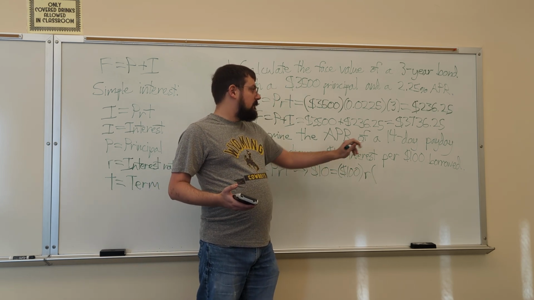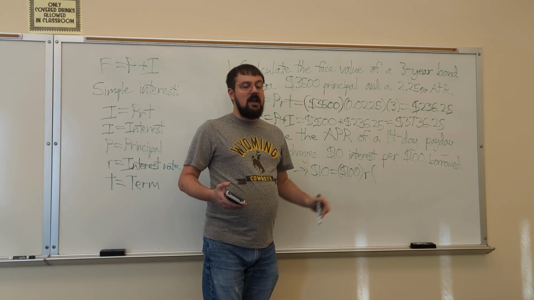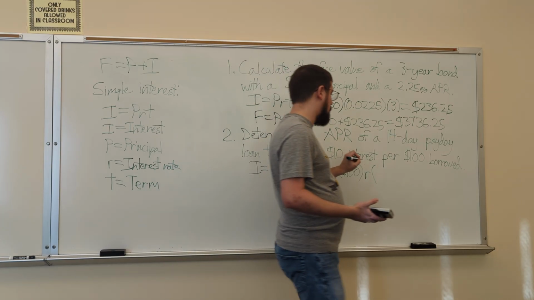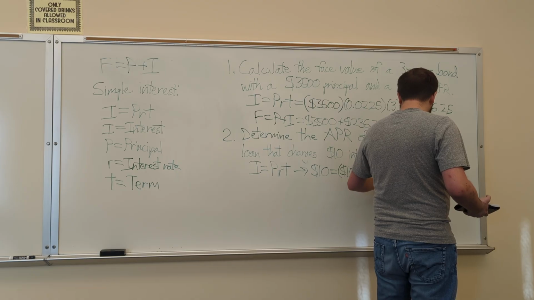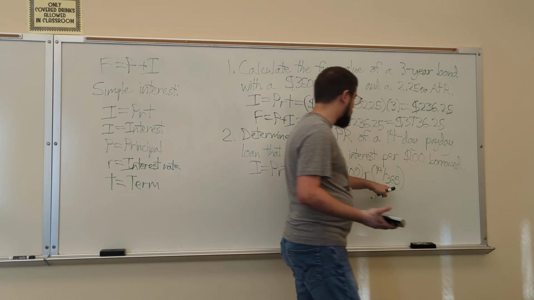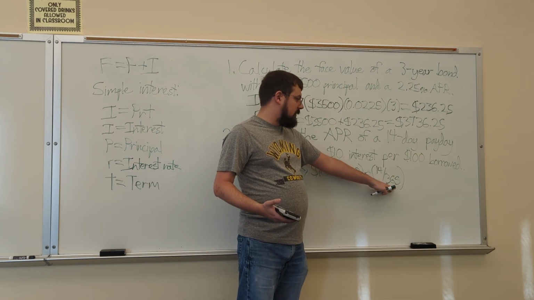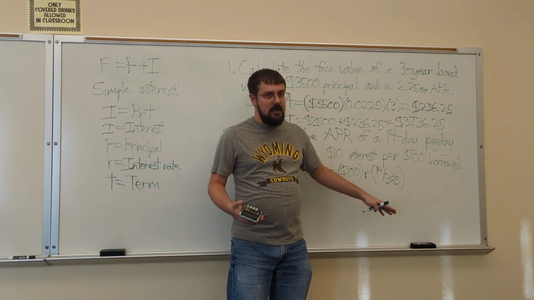So 14 days, that's 14 days out of 365 in a year, so our term would actually be 14 over 365. So this is basically if you think about this, this is the fraction of a year that our term is for.